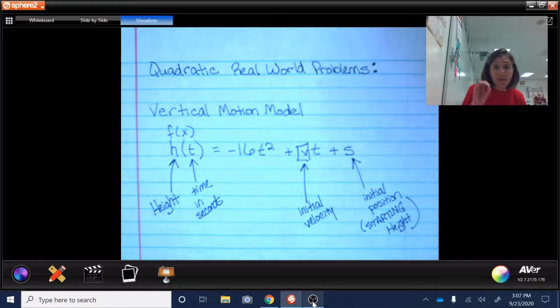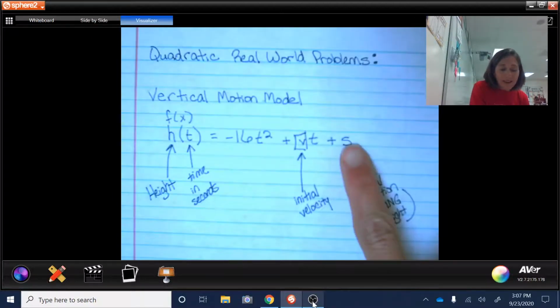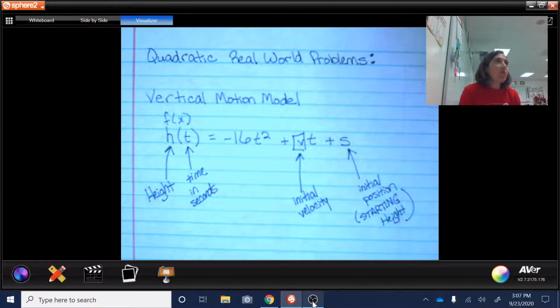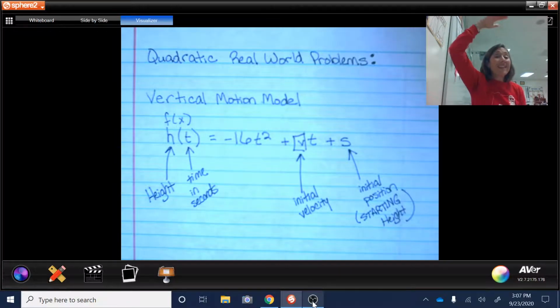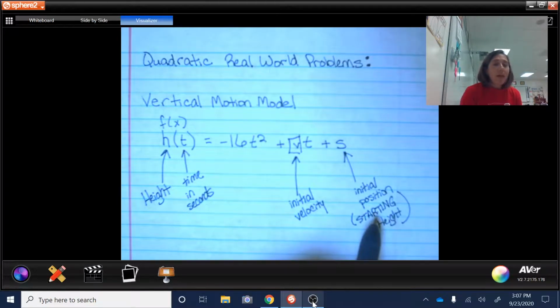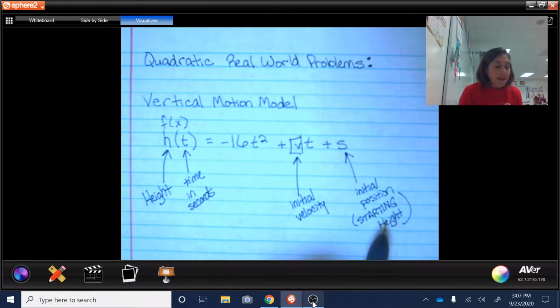So that would be a height of 0, and you would replace that s with a 0. If you are playing baseball, you're going to hit it about 3 feet up in the air, so you'd have a starting height of about 3. If you are jumping off of a 20-foot dive, then your starting position is 20 feet up in the air because you start from there and then you go up a tiny bit and then really far down. So that initial height will affect how long you're in the air and things like that.